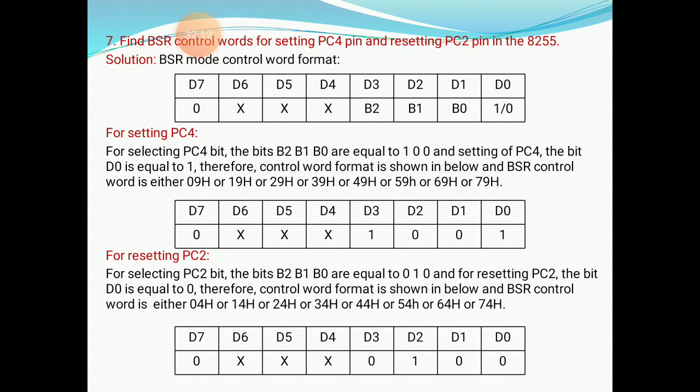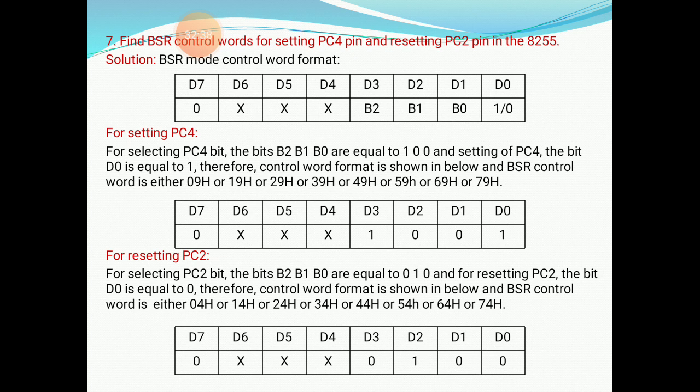The control word may be any one depending upon the don't care combinations. So the control word may be either 09H or 19H or 29H, 39H, 49H or 59H, 69H or 79H. Consider any one of the control words for setting PC4.